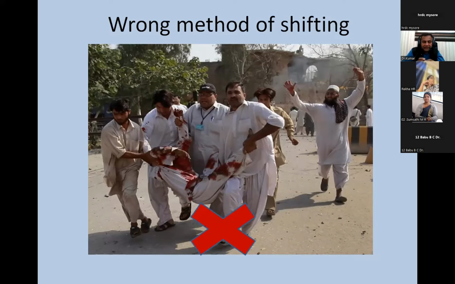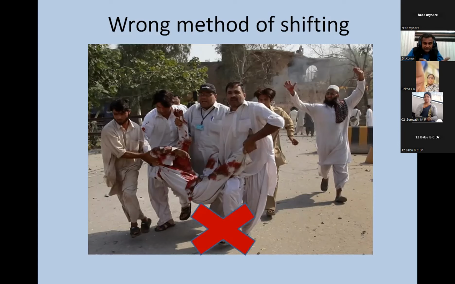This is not only in any one country; in our country also the same method is adopted while shifting any injured person, holding them by leg and hand. Please don't do that. This is a very wrong procedure. If you shift like this, you may save a life, but he will be disabled for life. He will not move at all. So this is wrong.